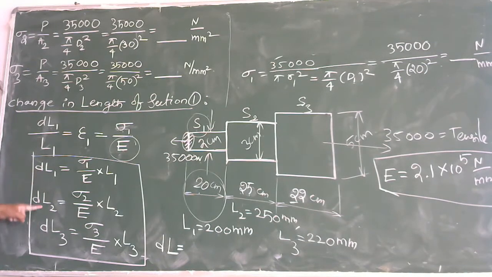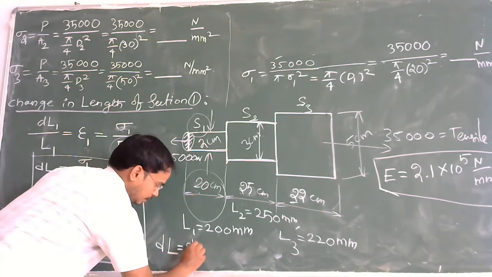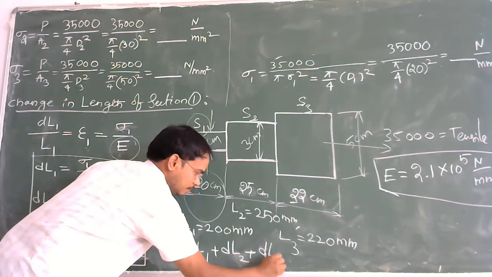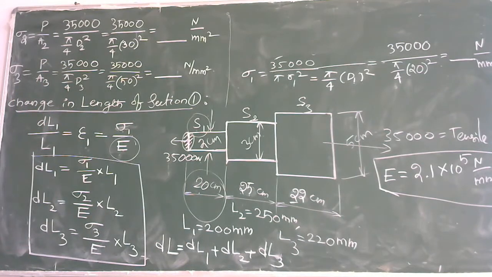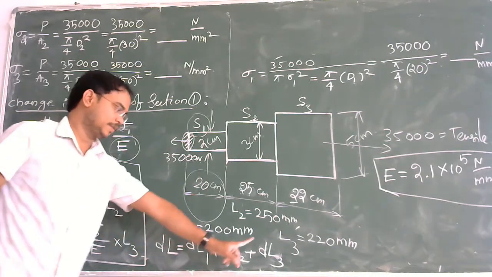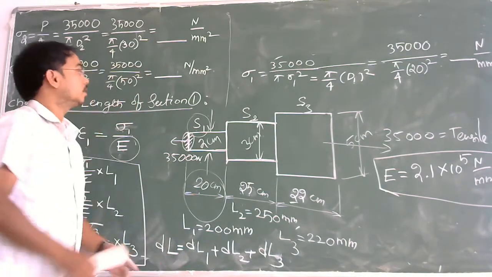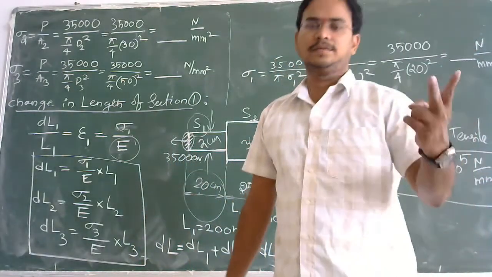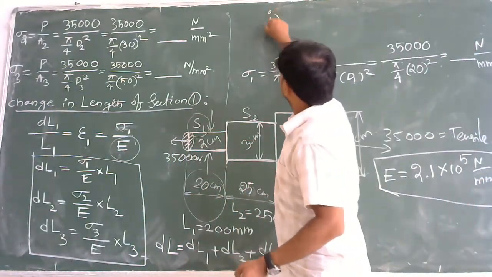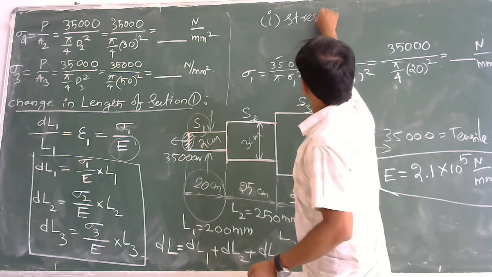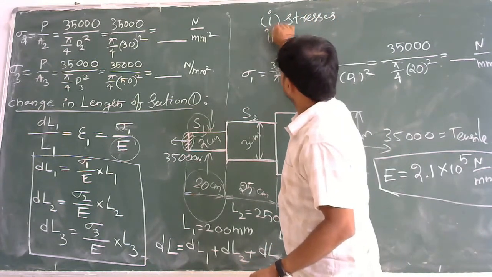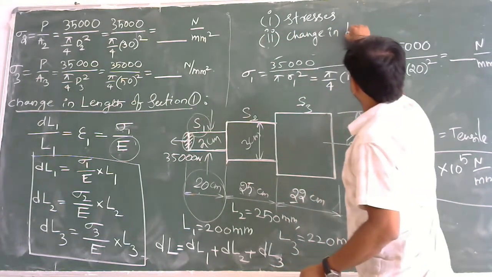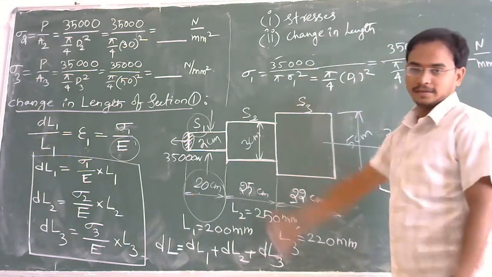Add these: dl1 plus dl2 plus dl3. So this will be the overall change. That is what the problem asks. He asked in the first bit, stresses, and in the second bit, change in length.